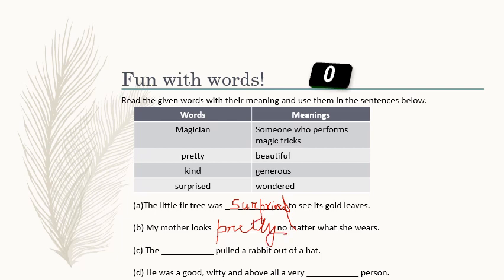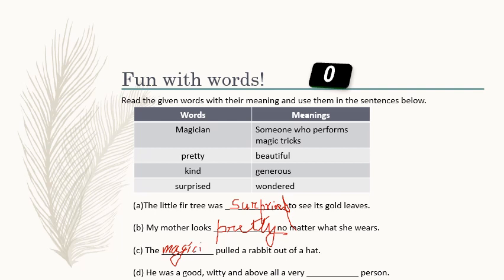Now let's see next. The dash pulled a rabbit out of a hat. Who pulled a rabbit out of a hat? Well, this must be magician.